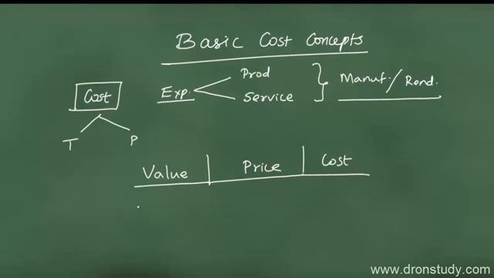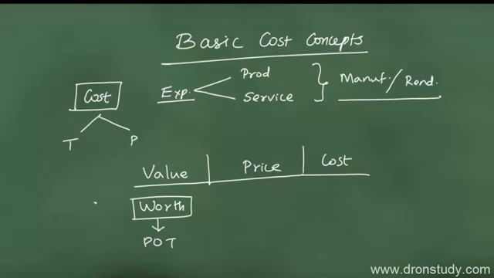So what is value? Value is basically the worth which we attach to any individual or a particular product or service at a particular point of time. So value is nothing but relative worth of a product for an individual at a particular point of time. That is more important, because the product which is considered valuable for one individual at a particular point of time may become less valuable at a later stage.